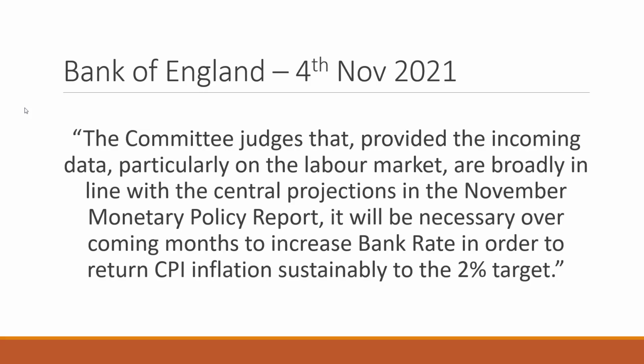The committee judges that provided the incoming data, particularly on the labour market, are broadly in line with the central projections in the November monetary policy report, it will be necessary over the coming months to increase the bank rate in order to return CPI inflation sustainably to the 2% target.